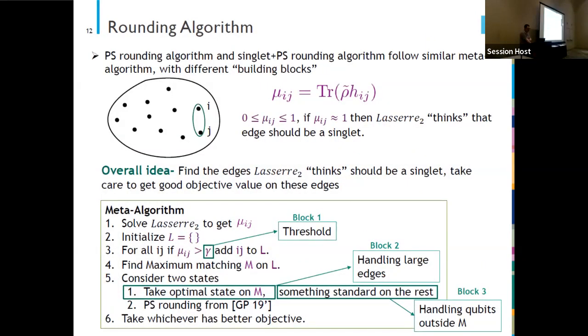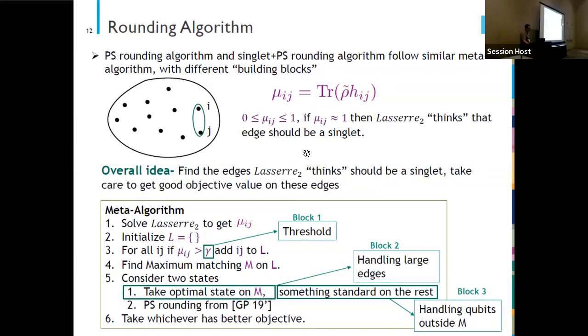Okay, so I'm going to tell you about the rounding algorithm now. Both papers use the same meta algorithm with interchangeable building blocks. The idea is, we know Lasserre 2 is a good relaxation, so maybe we should listen to what it's telling us. Lasserre 2 is giving us these values mu for every qubit pair. And it's saying that if mu is close to 1 for that edge, then it really thinks that edge should be a singlet.